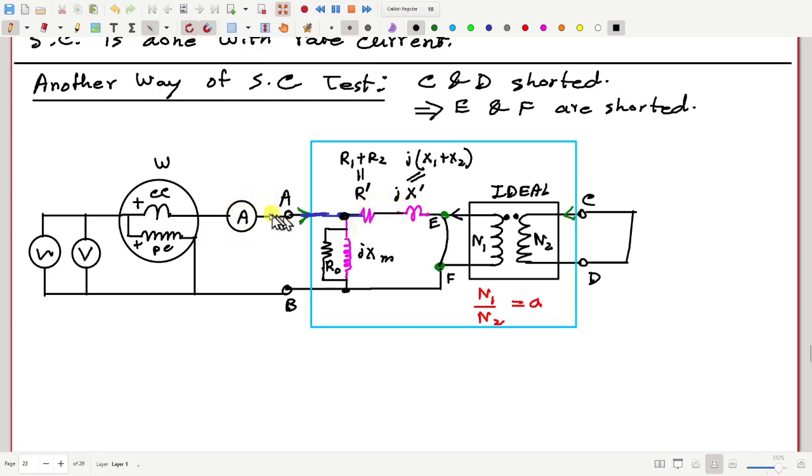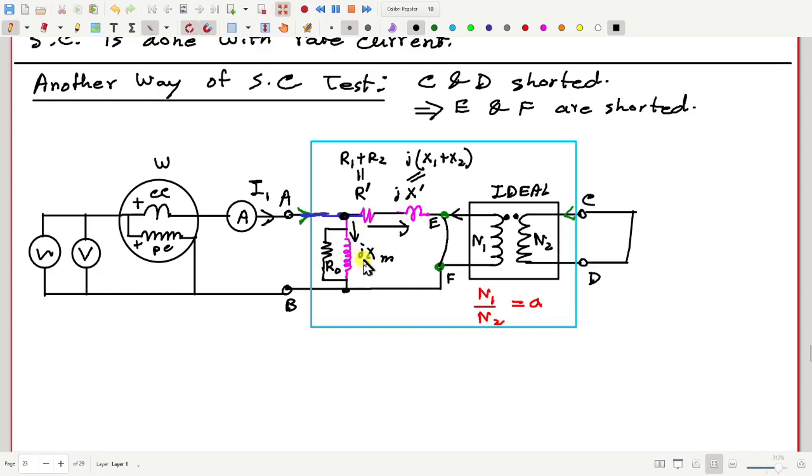Now this current I1 has two possible paths, one through this R prime X prime, another through these parallel branches. Now, which path has smaller impedance? R prime X prime, right?